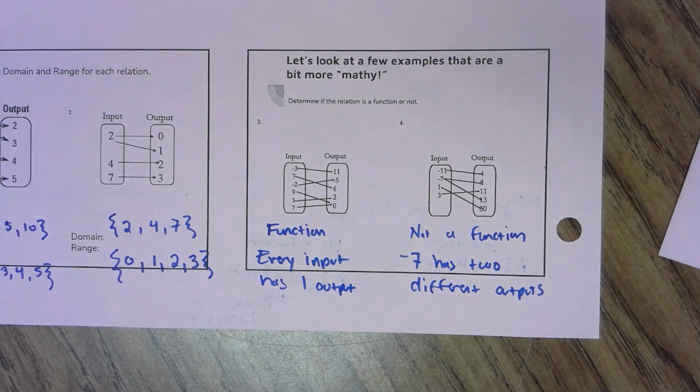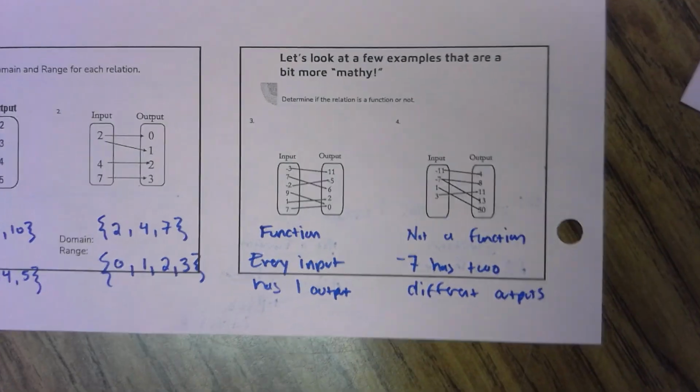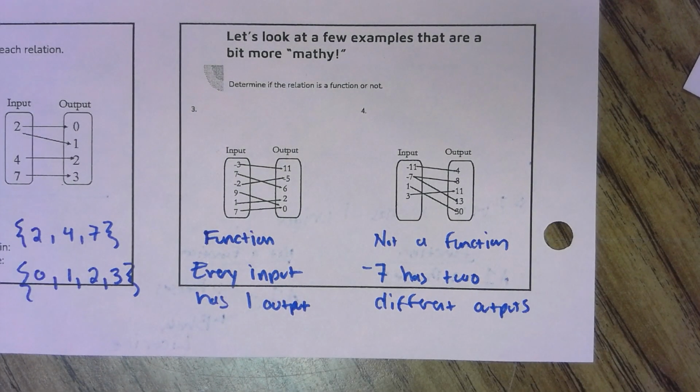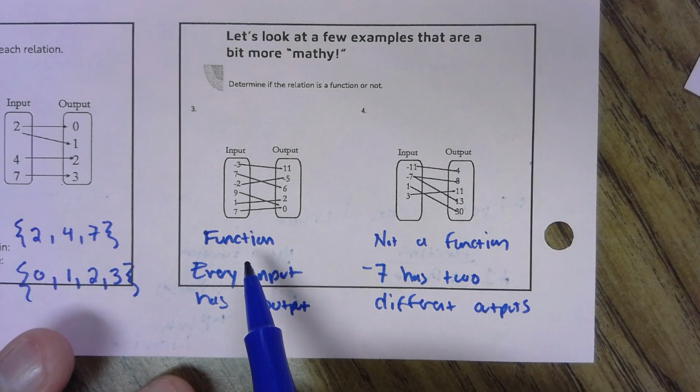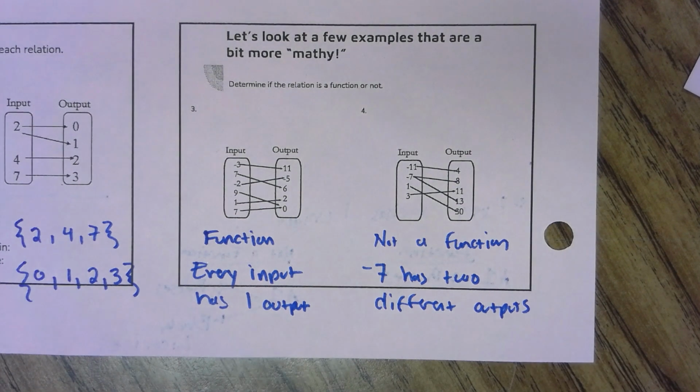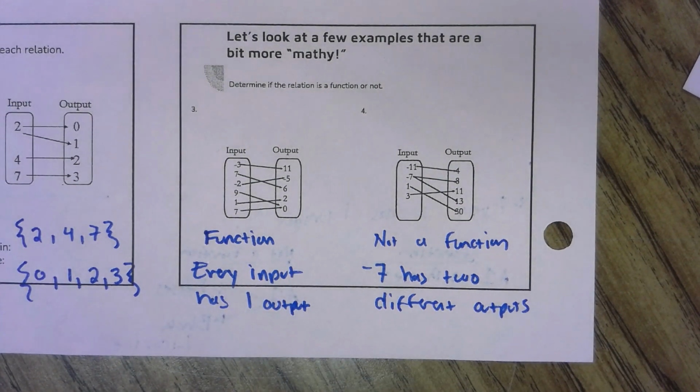Okay. So looking at the first 2 relations, number 3, more important is not only just telling me whether it's a function or not, but giving me the reason why. So number 3, we would say is a function, and the reason is just the definition. Definition being that every input has one output, right?